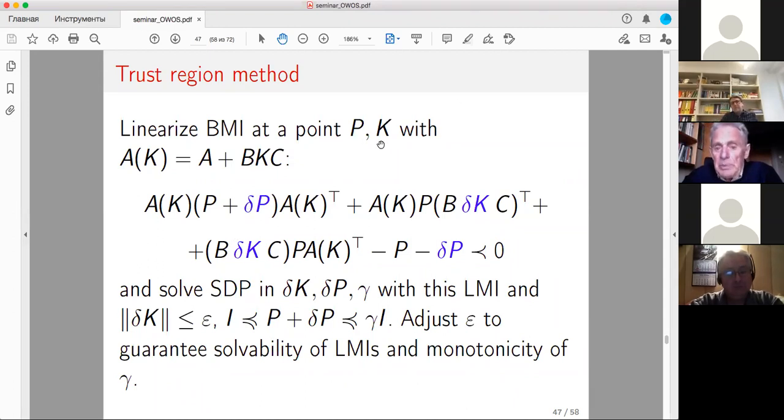We are at some point Pk, and we have some deviations, delta P, delta K. We linearize our nonlinear matrix inequality. The new variables are delta P and delta K. We have some restrictions for them, and we solve the minimization problem with all these constraints with respect to delta P and delta K.